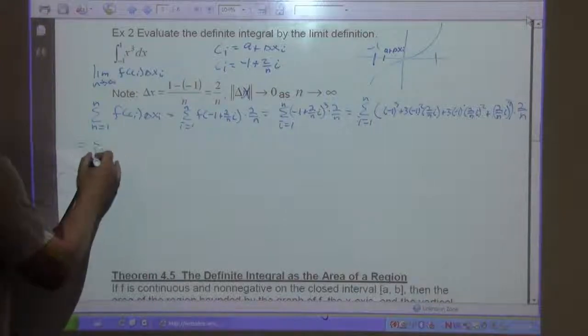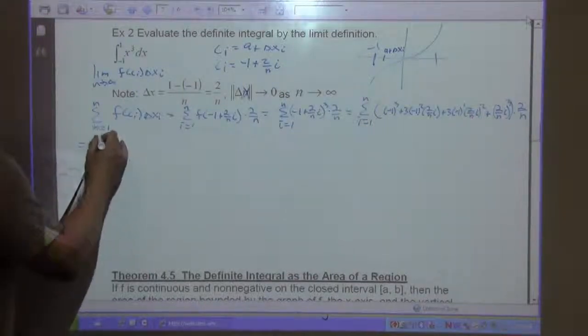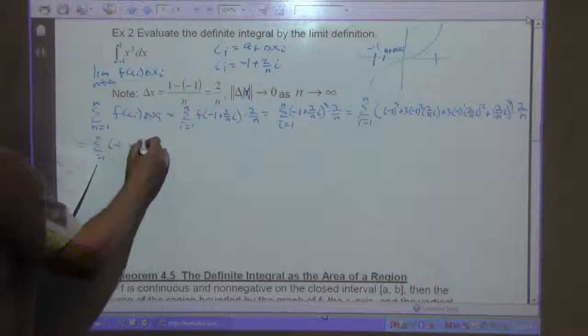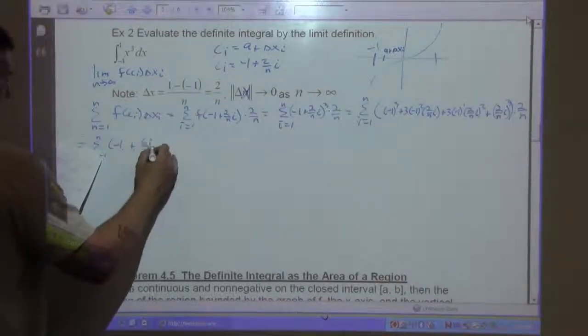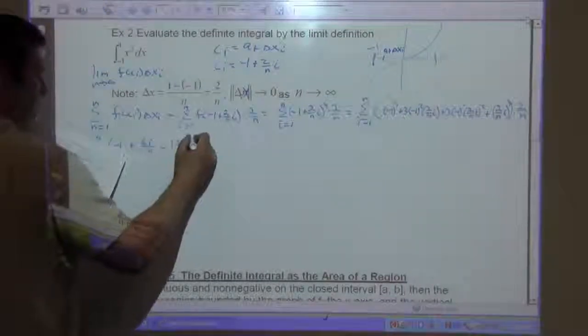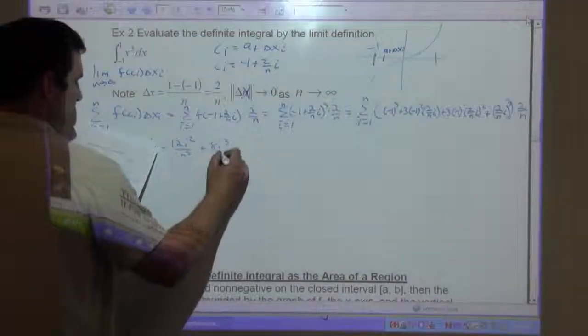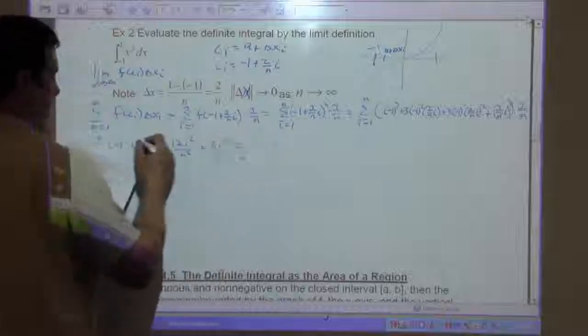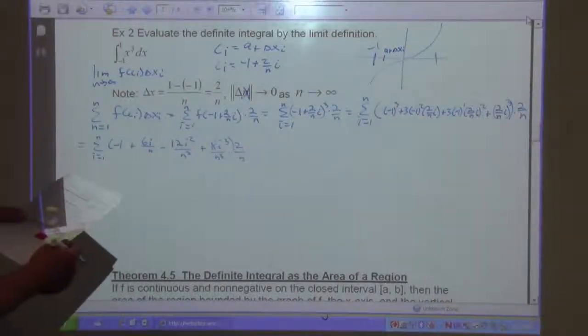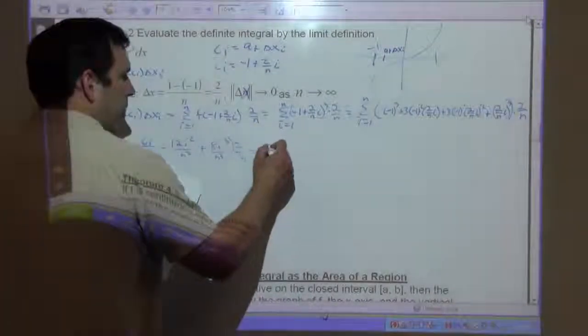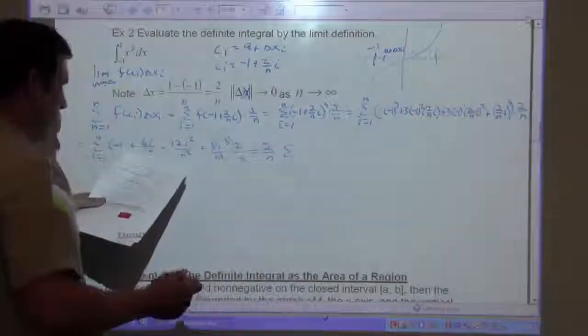So we have the sum as i goes from 1 to n of (-1 plus 6i over n minus 12i squared over n squared plus 8i cubed over n cubed) times 2 over n. So we can pull the 2 over n out front.